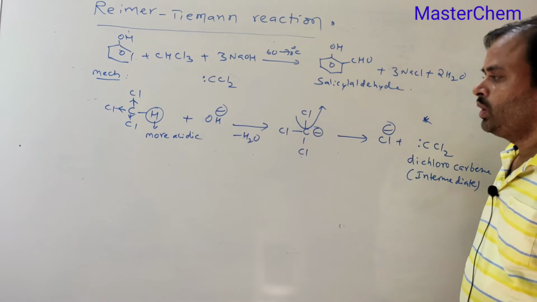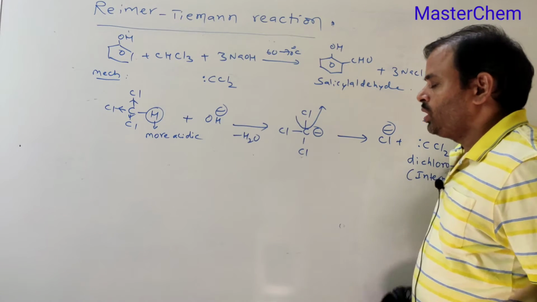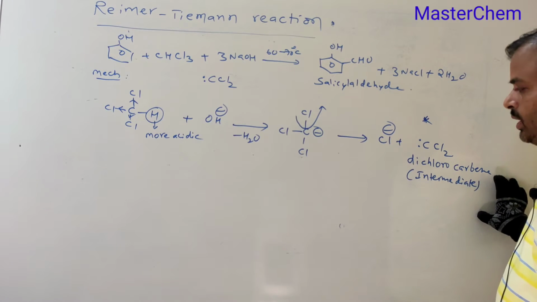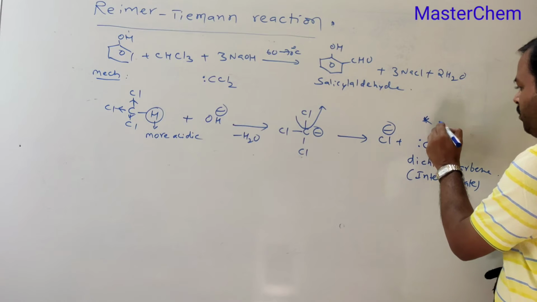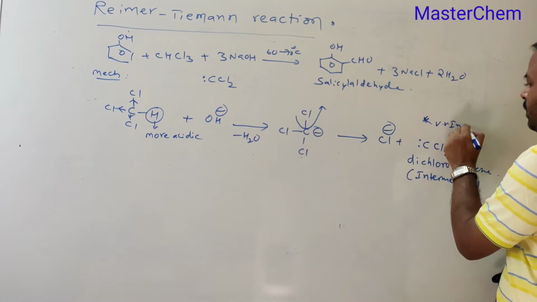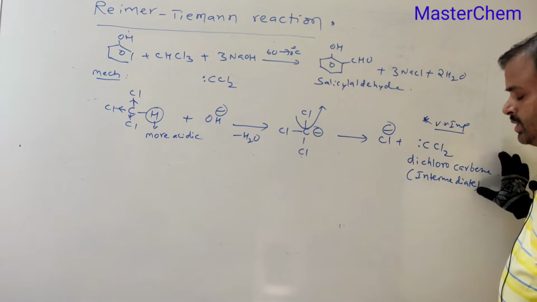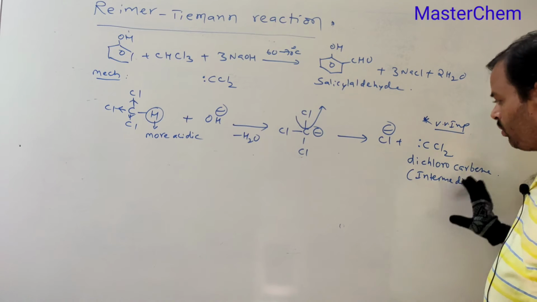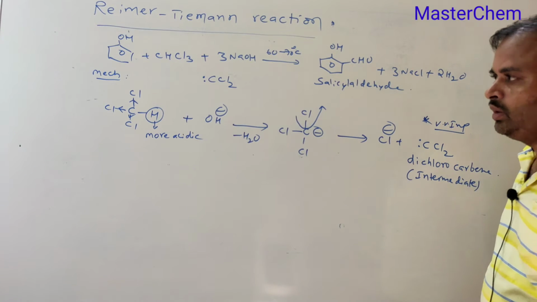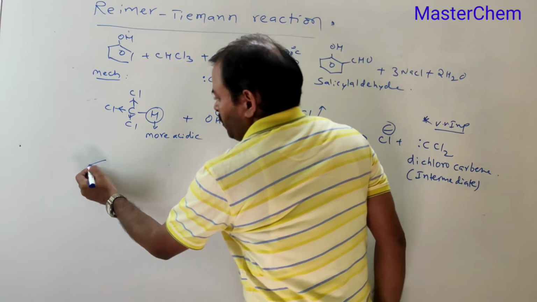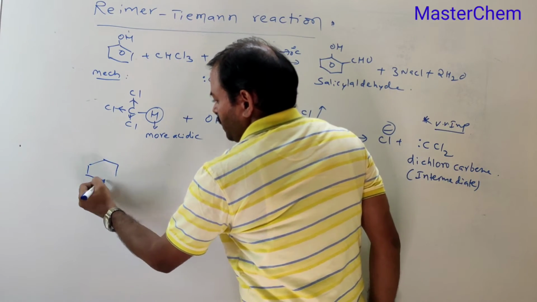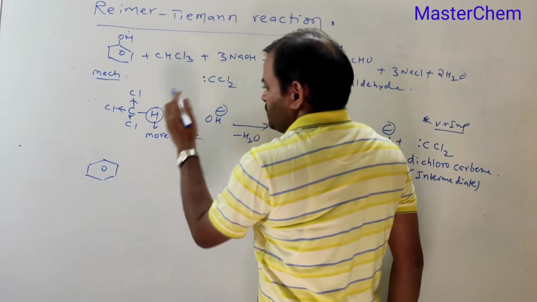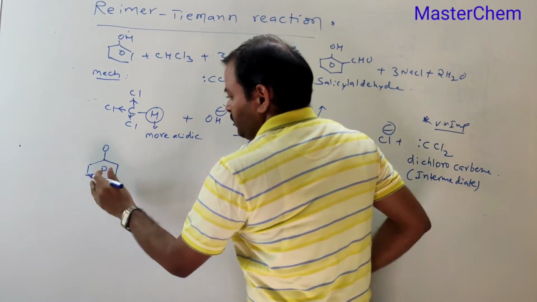Dichlorocarbene. This dichlorocarbene acts as an electrophile, a neutral electrophile. Very important point. Which is the intermediate? Dichlorocarbene. Which is the neutral electrophile? Dichlorocarbene.